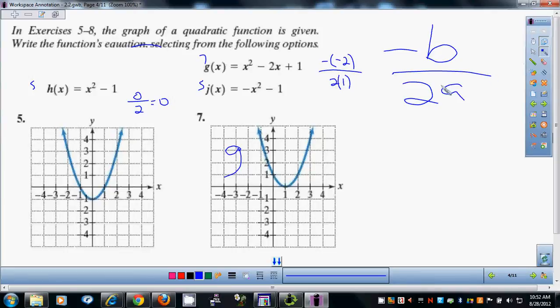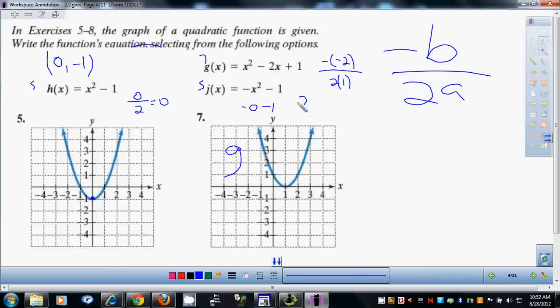For number 5, we need to find the y values for these two. So I'm going to plug 0 into the function to find the y value of my vertex. So that's 0 minus 1. So far, so good. It is 0, negative 1. Plugging it over here. Negative 0 minus 1. Dang.